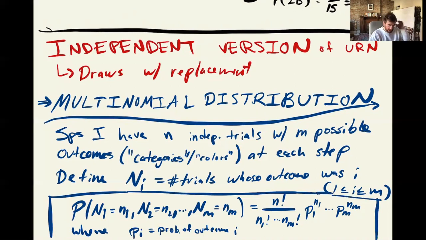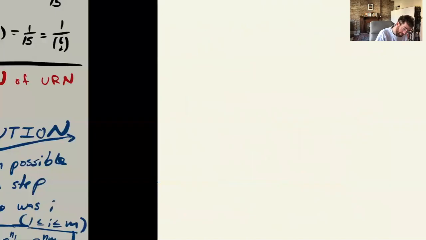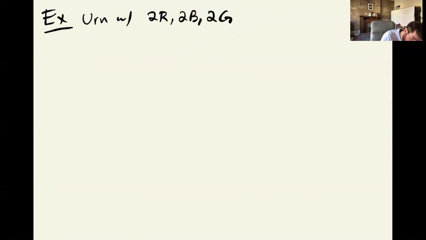And let's go ahead and check what it would look like in our situation. So if we return to our example, I've got an urn with 2 red, 2 blue, 2 green, and then I do 2 draws with replacement.